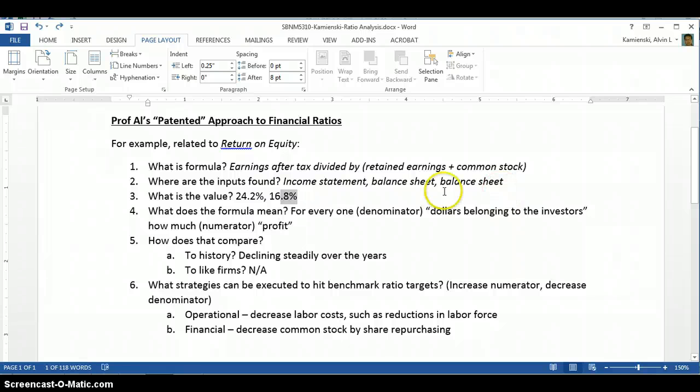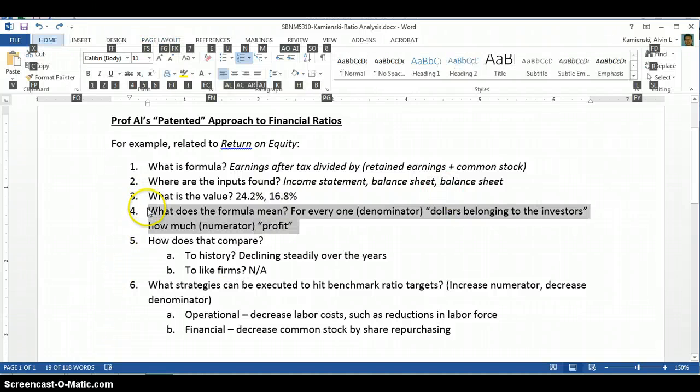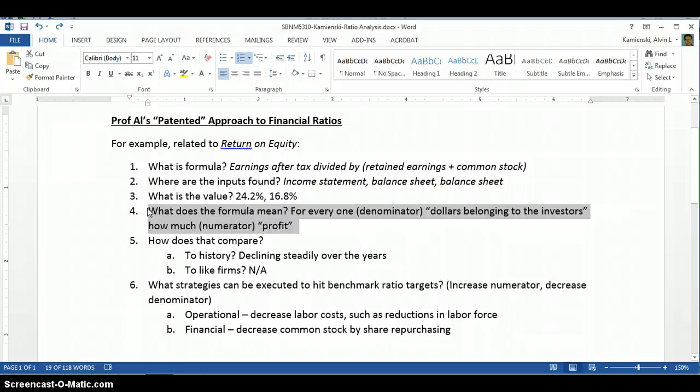Well, now we have numbers, but what do those numbers mean? So number 4, this is kind of my patented way of thinking about what ratios are, which is to say, for every one denominator, in this case, the denominator is retained earnings plus common stock, so we could name that dollars belonging to investors.